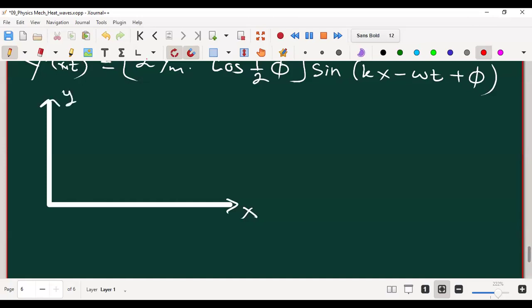For example, if I have a first wave, in red sign, this one is y1, x point t, and then I have another wave in the same phase with the first wave.